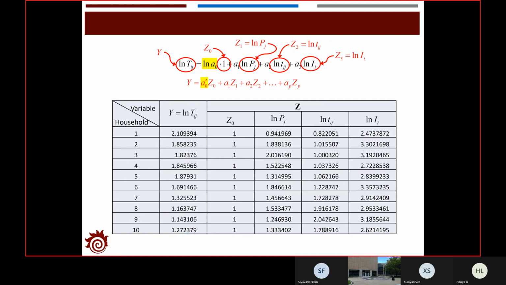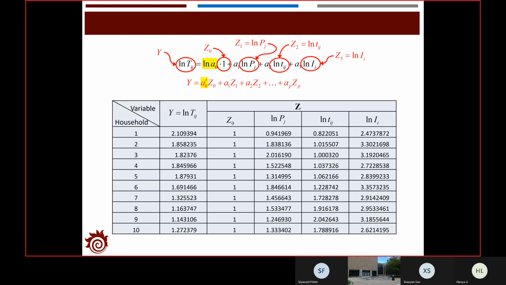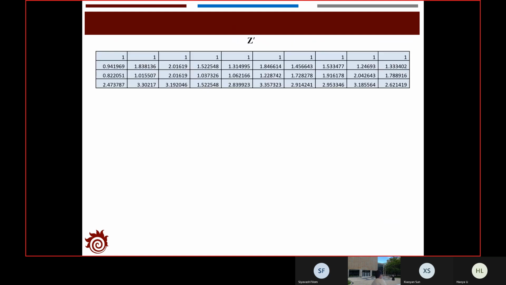So with that, we have the dependent variable y, and now the independent variable Z. Now we need to find out the values of A0 to A3, and if we recall the equation, beta equals Z prime times Z, inverse, times Z prime times y.